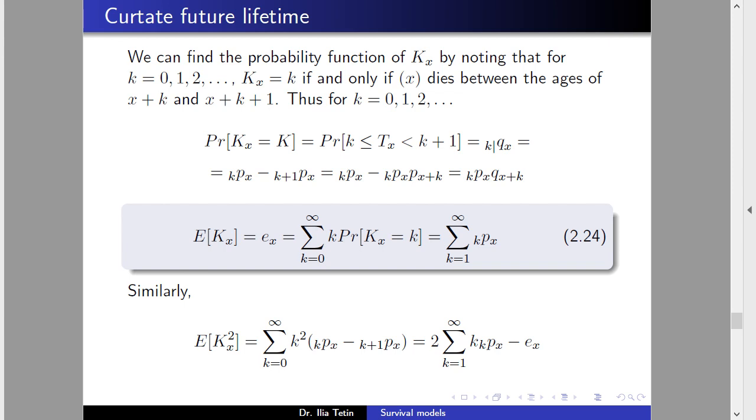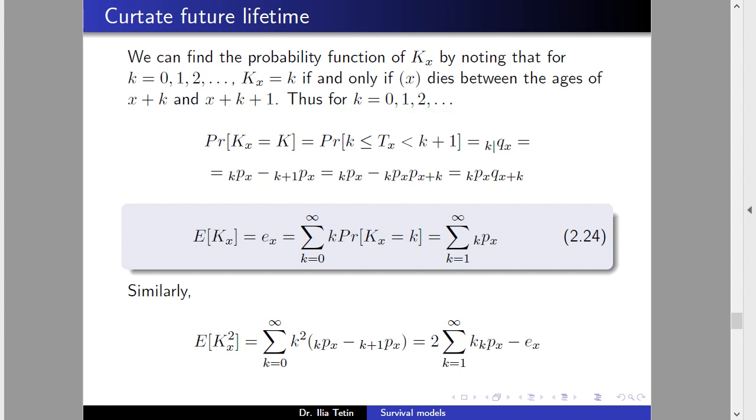The Curtate future lifetime random variable is defined as the integer part of future lifetime and is denoted by Kx for a life aged x. We can think of the Curtate future lifetime as the number of whole years lived in the future by an individual.